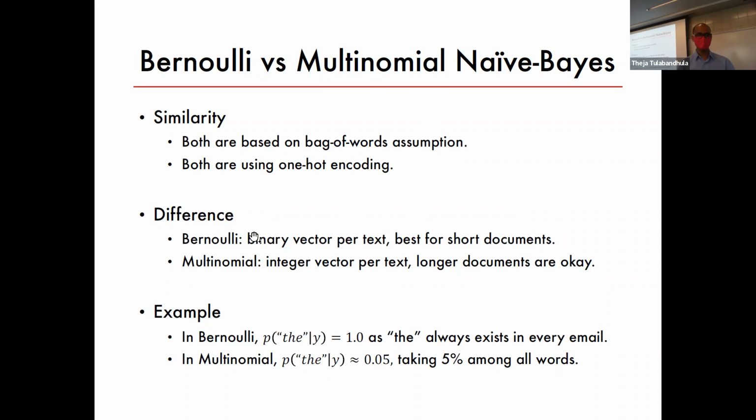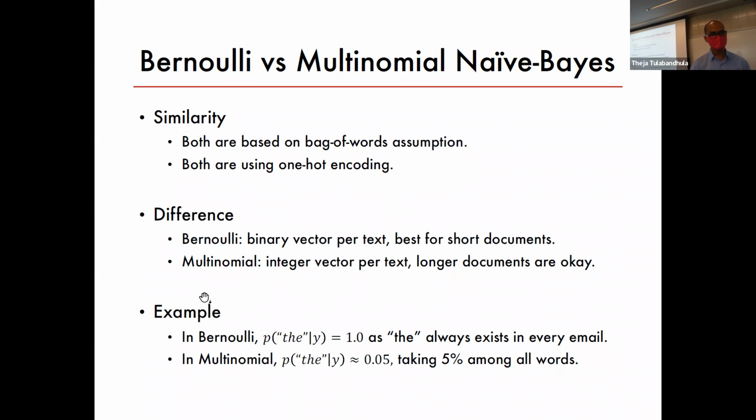So basically, I guess the difference, as it says here, is binary vector per text. So it makes sense for short documents. This, I guess, is a more empirical observation. It may or may not make sense for different applications, but multinomial is an integer vector per text. Of course, if you want to have integers and counting up, then you want to work with potentially longer documents.